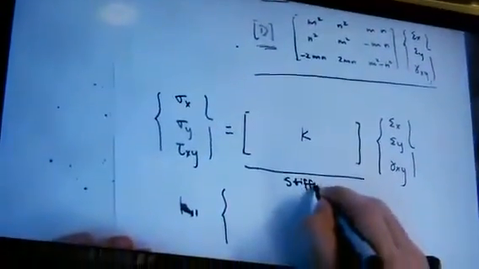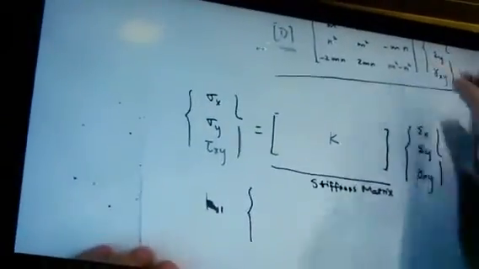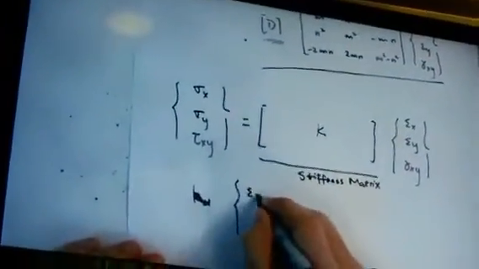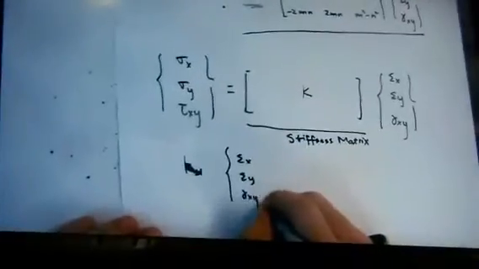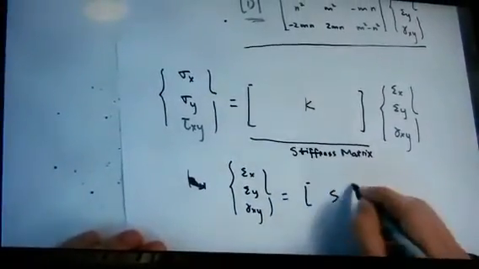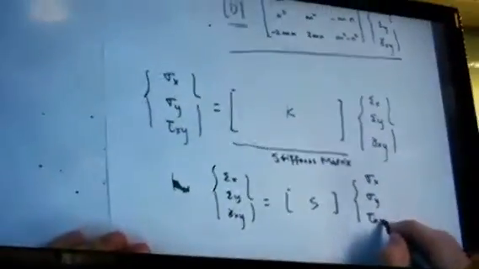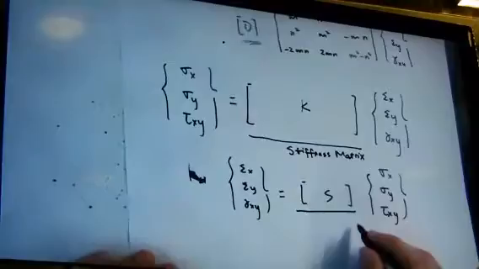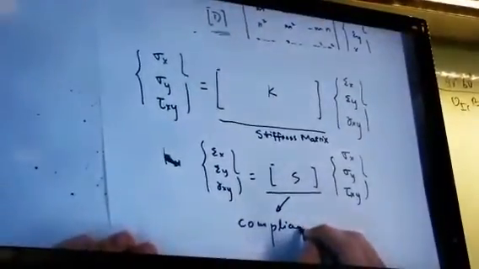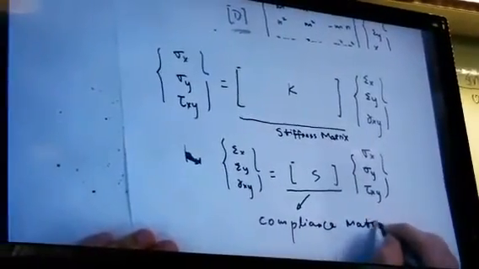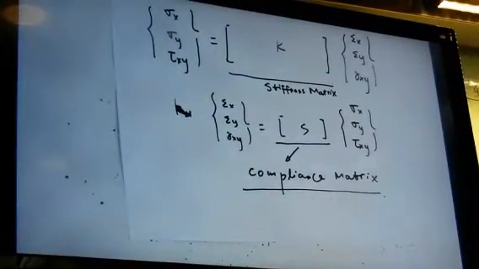And you can do that inversely: epsilon x, epsilon y, gamma xy equals S times sigma x, sigma y, tau xy. So this one is called the compliance matrix.